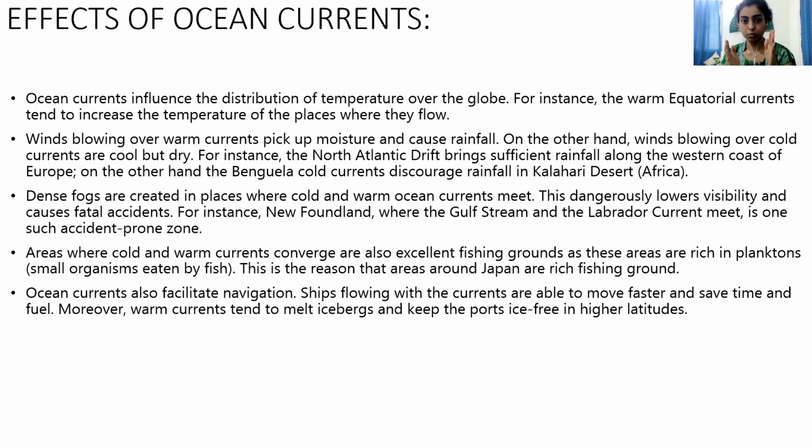In a small time, it will make them reach a longer distance, and it will help them reach their destination in shorter time. Also, warm ocean currents might melt the icebergs or the glaciers. So these were the effects of ocean currents.